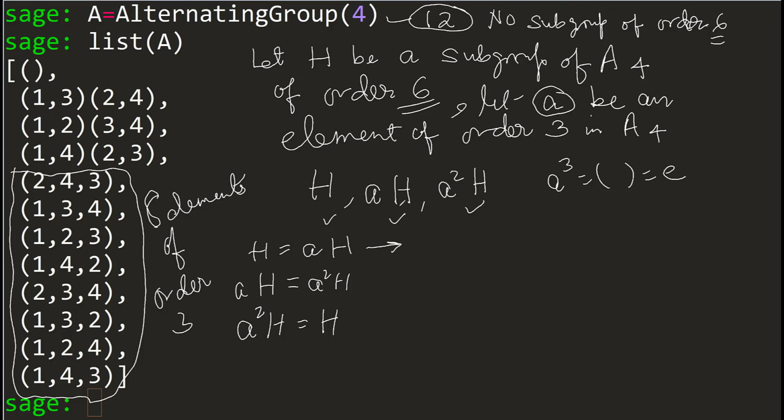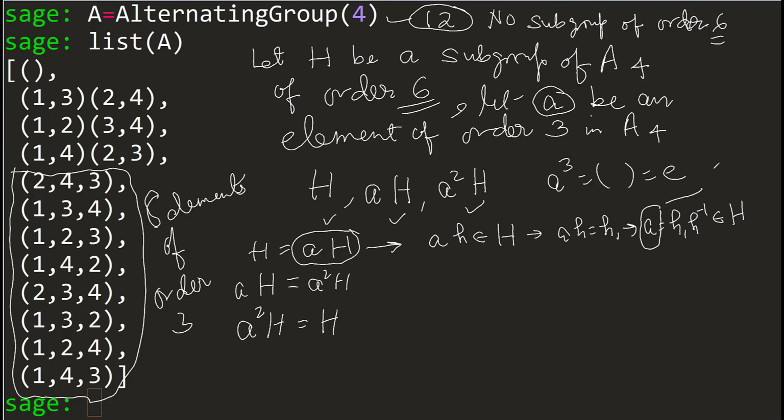Now, what does this mean? Since this equals H, AH belongs to H, which will give us AH equals, say, H1 for some H1 in H, and that will give us A equals H1 H inverse, that's in H. So this shows us that A is in H, right?